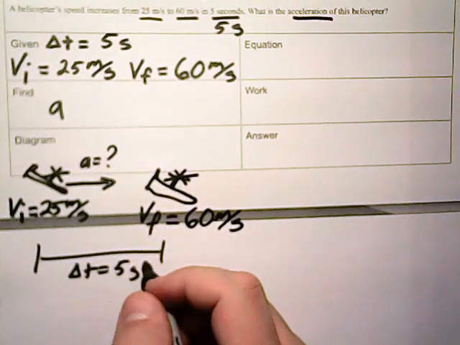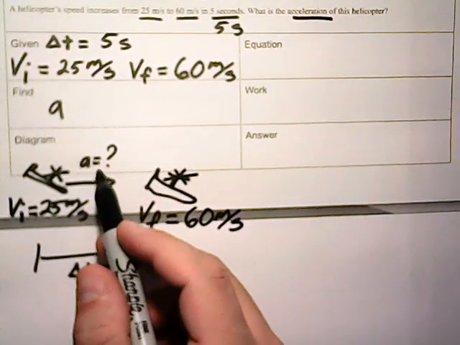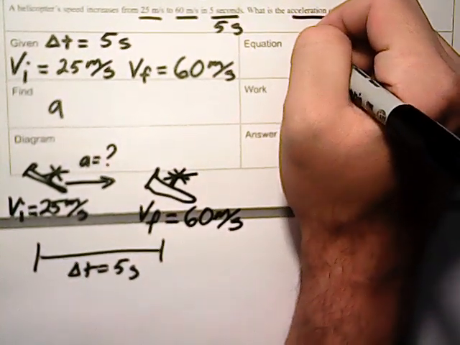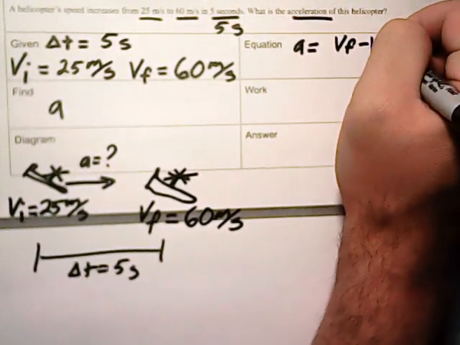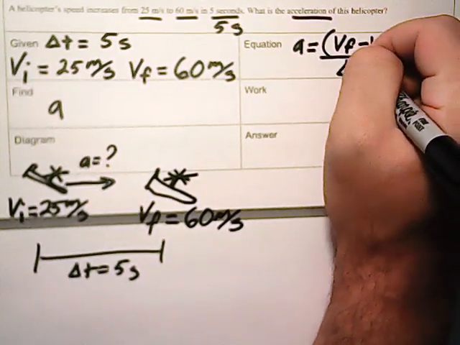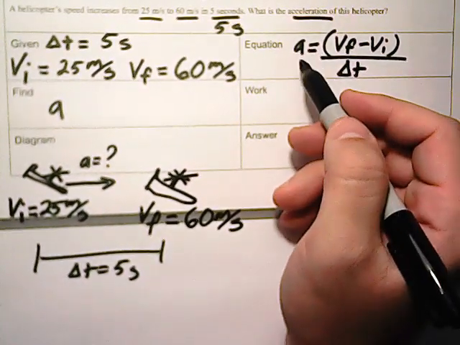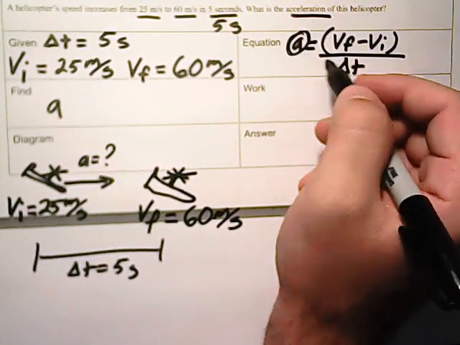For our equation, we're trying to solve for A, our acceleration. A is equal to our final velocity minus initial velocity, all over delta t. Since we're solving for A, we don't need to rearrange this.